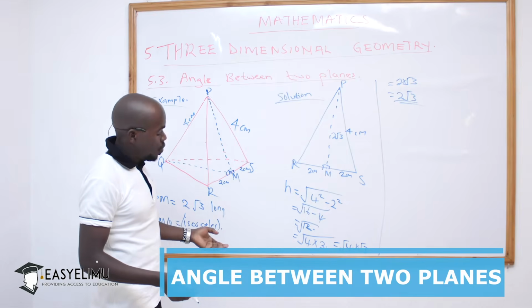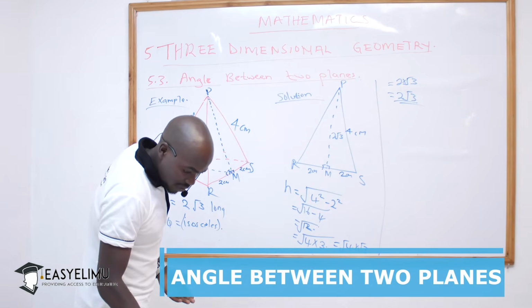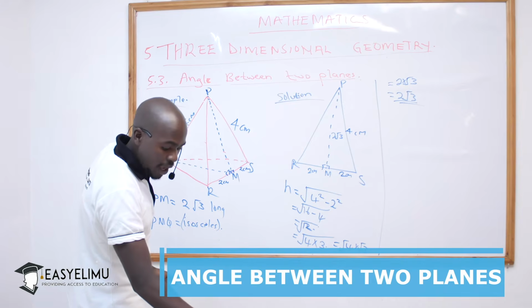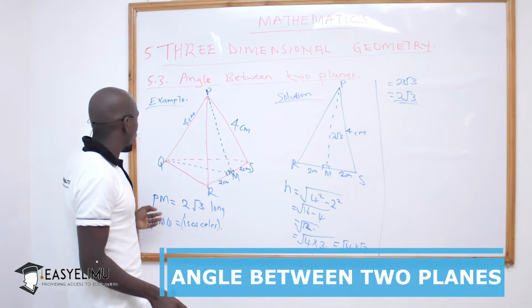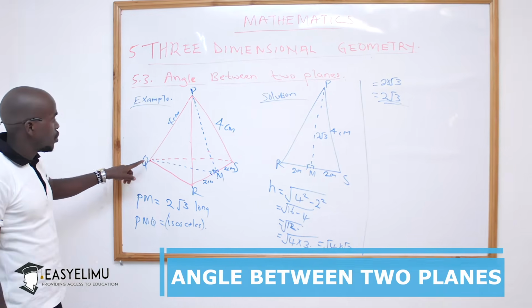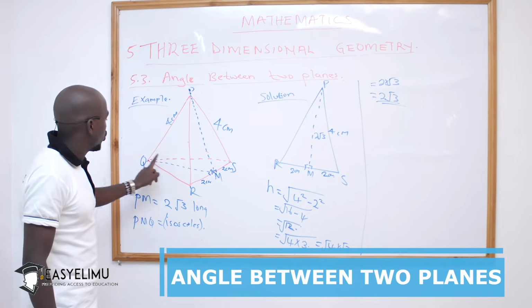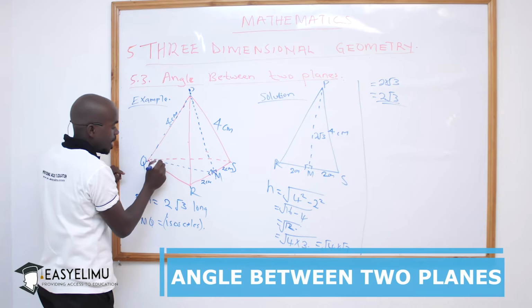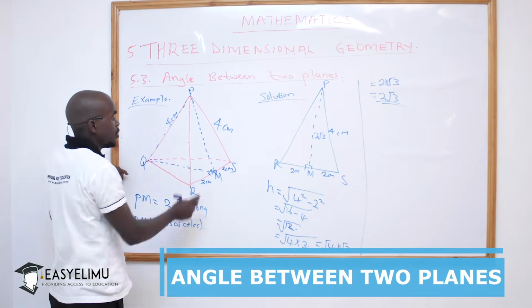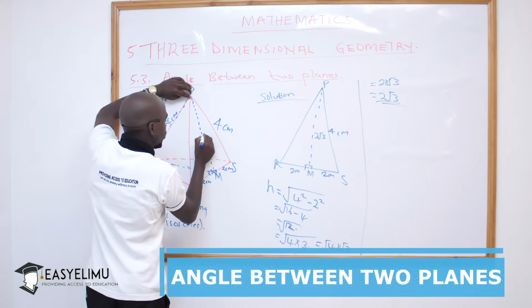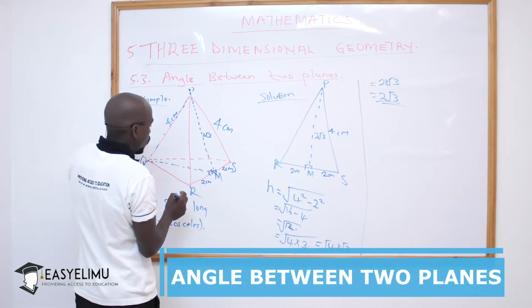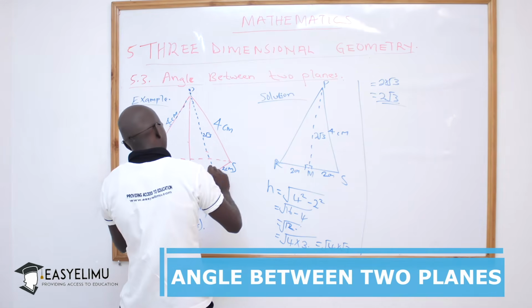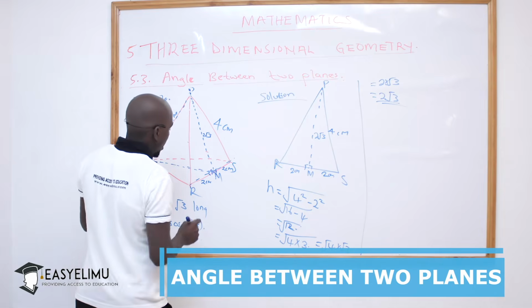Then we have been asked another question: show that triangle PMQ is isosceles. Going via the middle point and then up, we have seen that this side is 2 root 3. We also need to find the downward part.